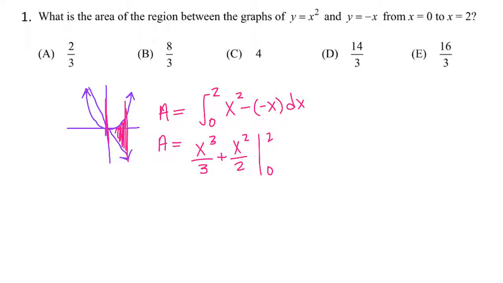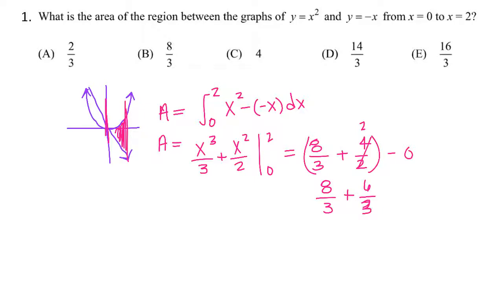So now we need to substitute in our endpoints, and it looks like we're going to have 8 over 3 plus 4 over 2 minus our bottom endpoint, which is just going to generate a 0. So I have 8 over 3 plus, of course that cancels out to be 2, so we're going to have 6 over 3. So that's going to give us 14 over 3, which looks like it's answer choice D.